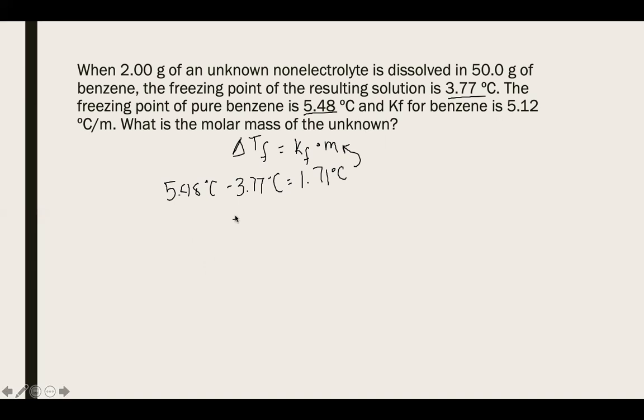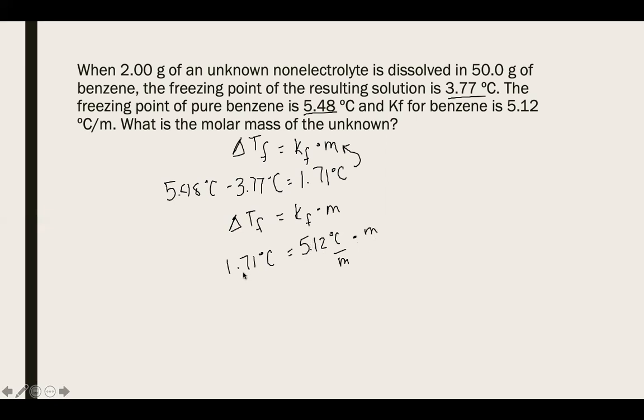So we have the equation delta TF equals KF times m. We have our delta TF now, 1.71 degrees Celsius equals KF, which is 5.12 degrees Celsius per molal, times m. And then we need to just find the molality.